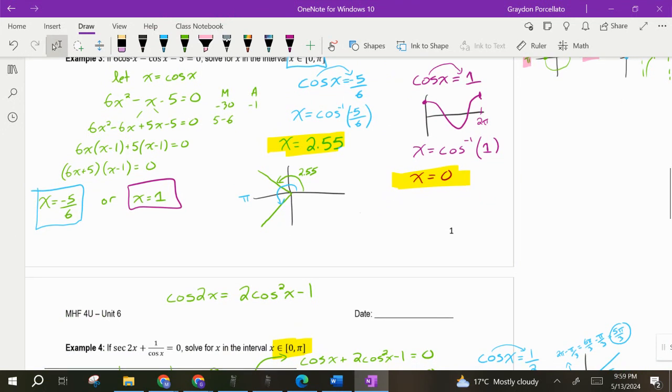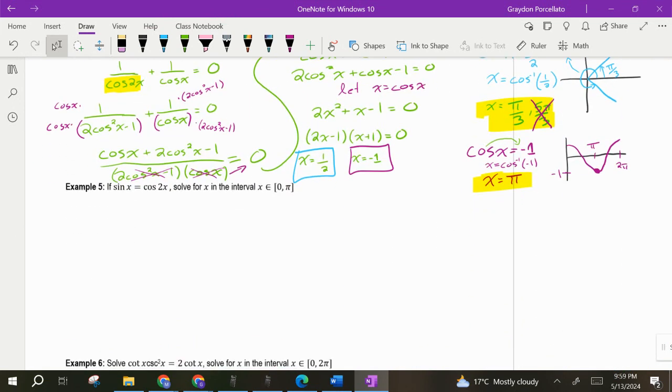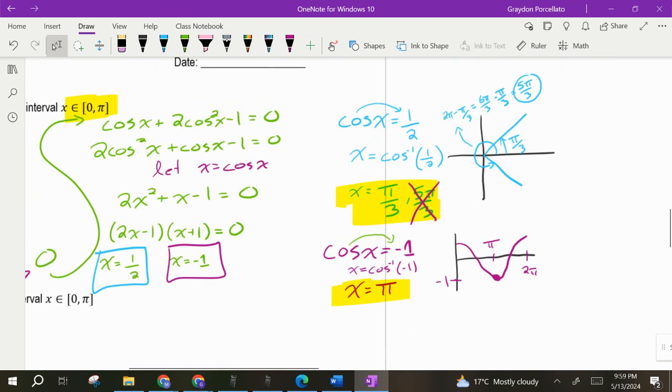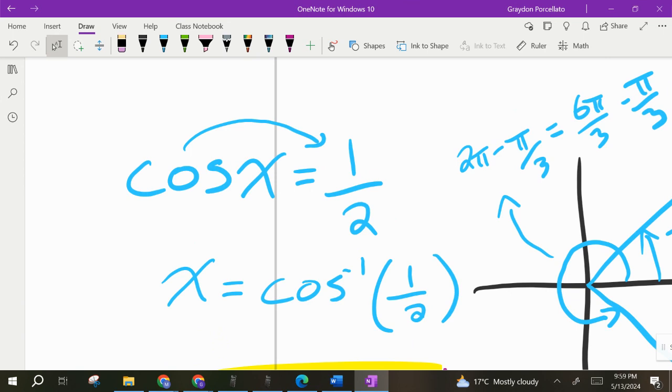Okay, back to it. Let's get to these last two examples. I just want to stress the importance of being able to solve these questions. You really need to be confident, and practice is what's going to help with this.